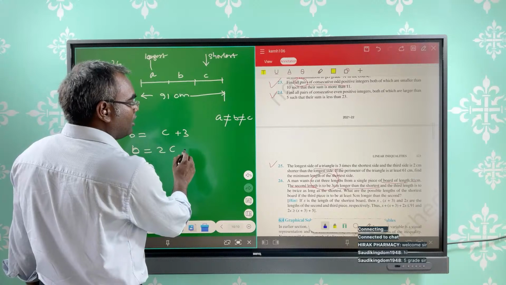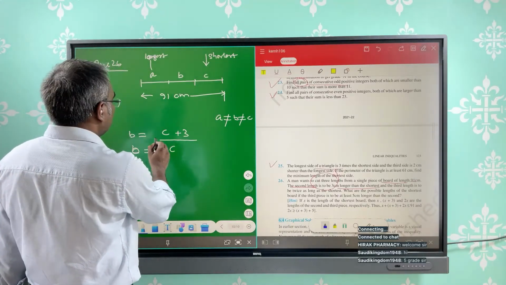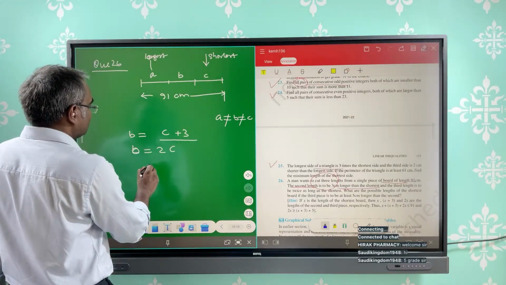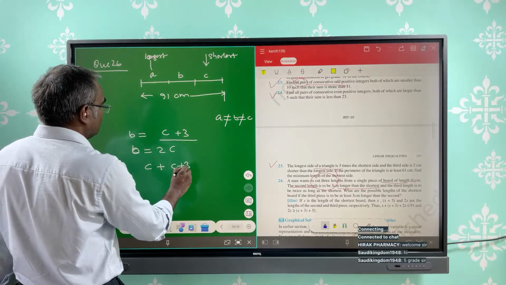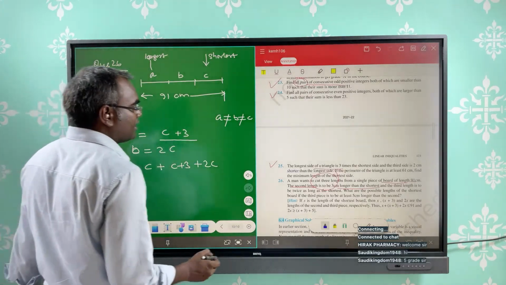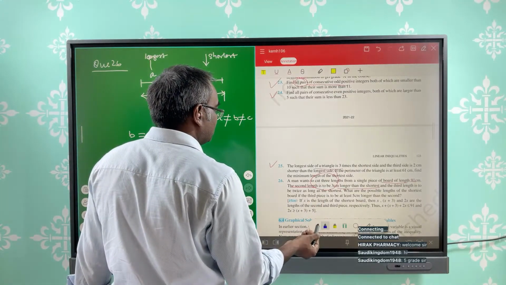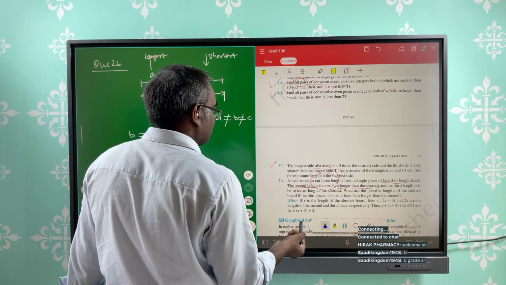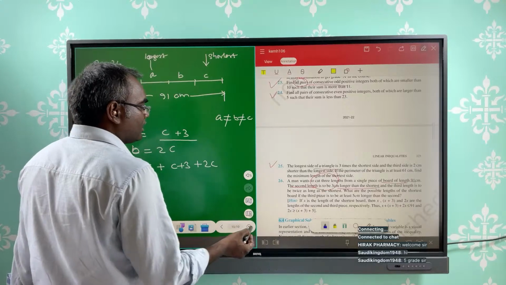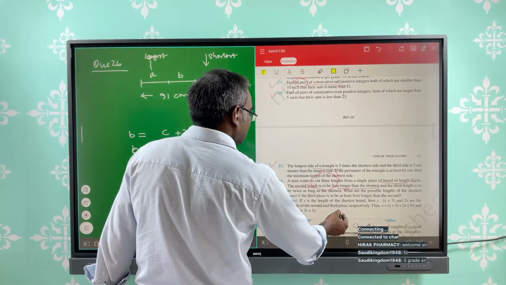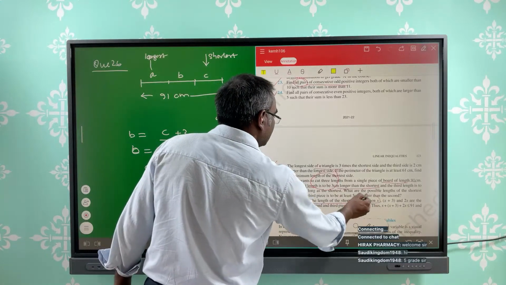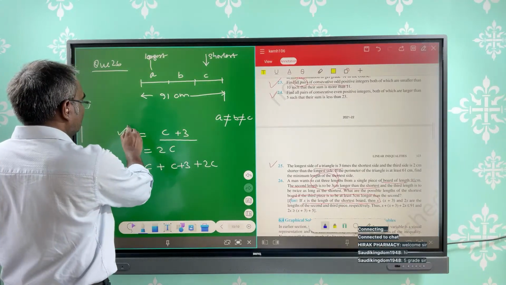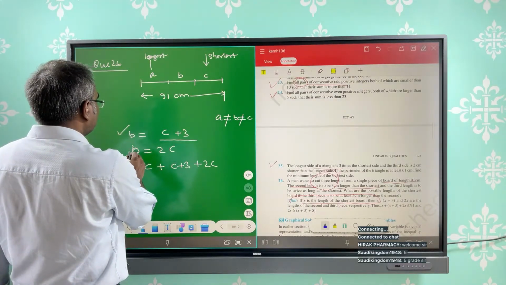Our problem is like this: c plus 3 and c and 2c. Just as they have taken x, X is the length of the shortest board, and x plus 3 and 2x are the lengths of the second and third pieces respectively.